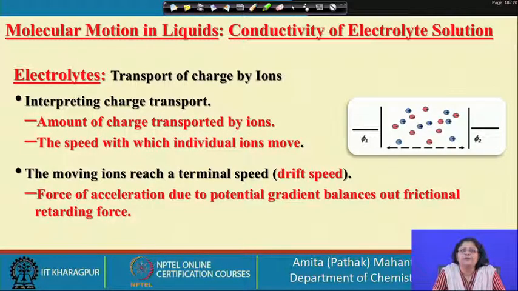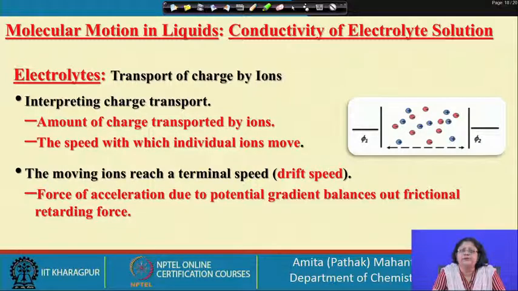Okay. So, what we are looking into is the transport of charge by ions, and interpreting transport in terms of the amount of charge that is being transported by the ions and the speed with which individual ions move, because it is about how fast or how slow the ions are moving, and that is how easily or how difficult it is to transport the charge.